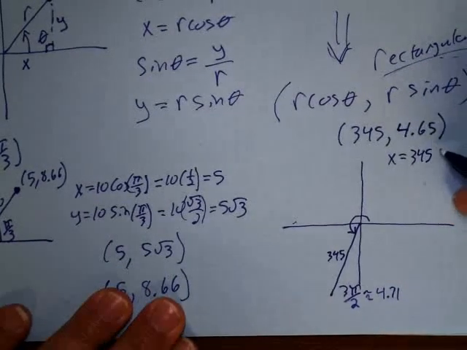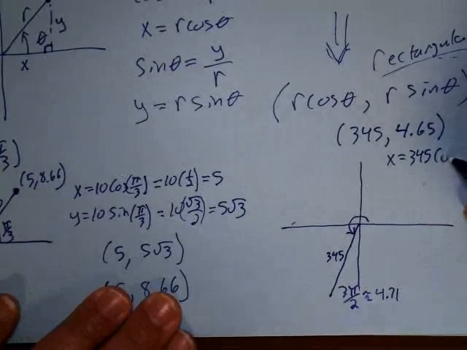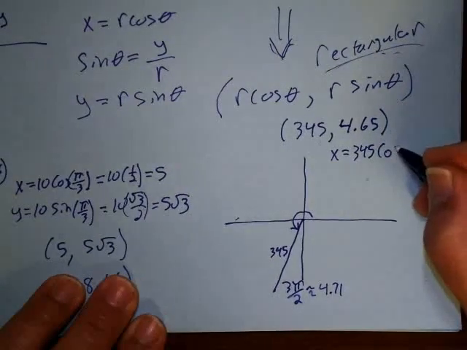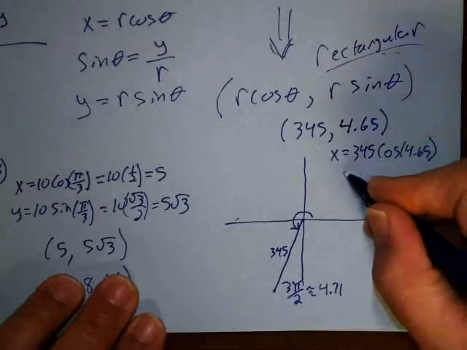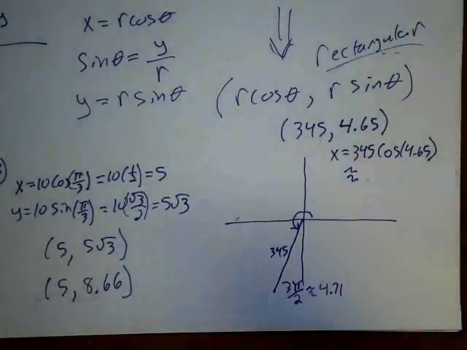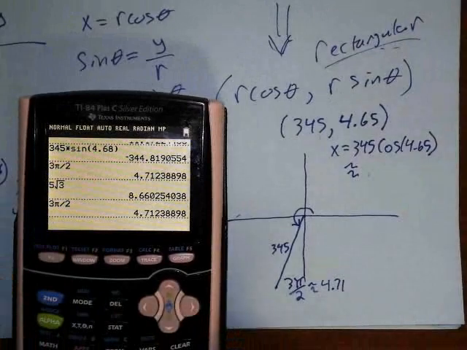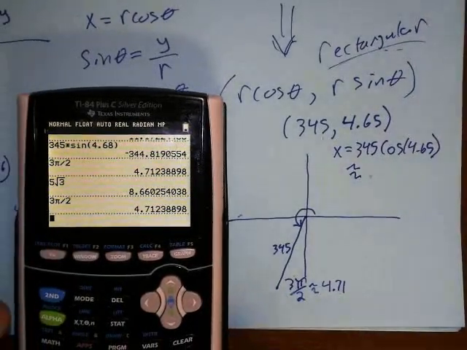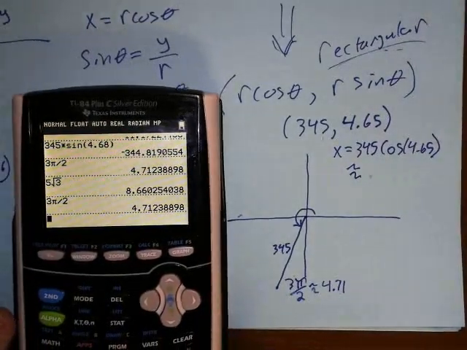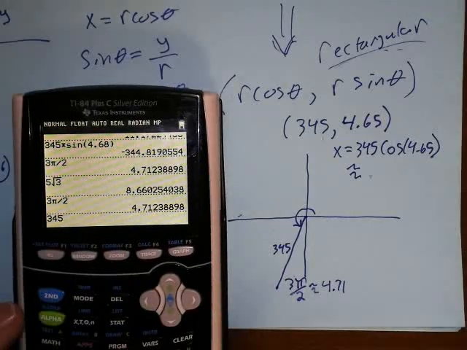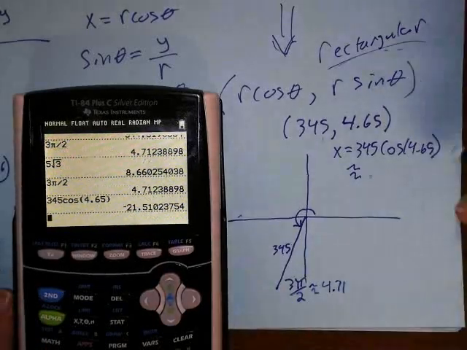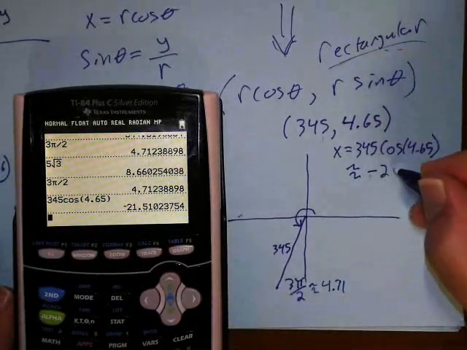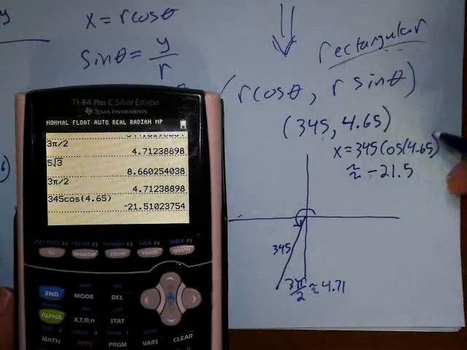What I can do is just put these in my calculator. This would be 345 times the cosine of 4.65, and I just have to make sure that I'm in radians. We've been using degrees a lot with the law of sines and law of cosines in the last section, so make sure it's in radians, and mine is. What I get here is like negative 21.5.